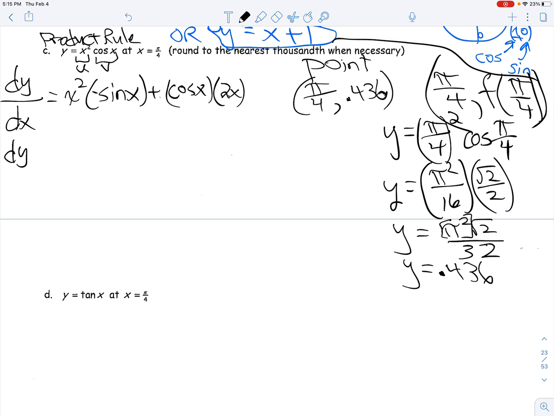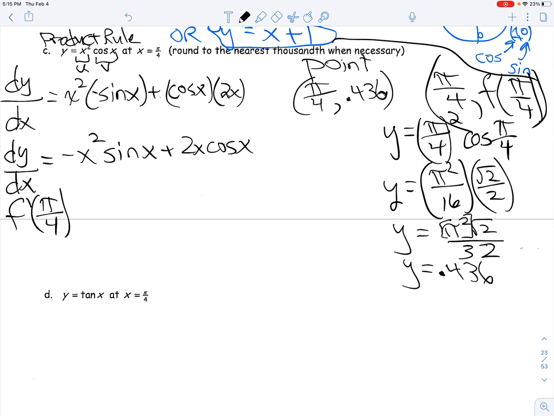The derivative of cosine is negative sine x, plus the second, cosine of x, times the derivative of the first, 2x. dy/dx is going to equal negative x squared sine x plus 2x cosine x. That's my derivative, f prime of x.